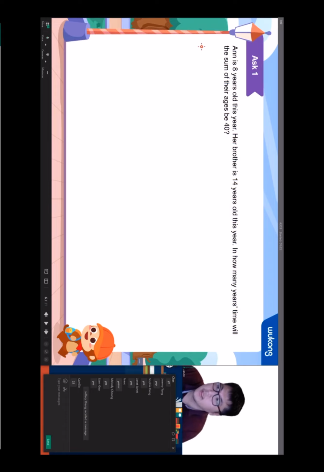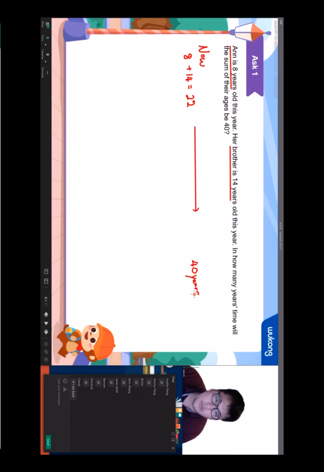Okay, so right now, you can see Anne is 8 years old and her brother is 14 years old. So what is 8 plus 14, everybody? 22. And we want to know when it will be 40 years for the sum.